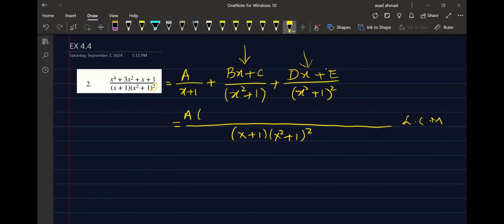A times x square plus 1 whole square, bx plus c into x square plus 1, and one more part will be here, x plus 1, and finally we will have dx plus e into x plus 1.